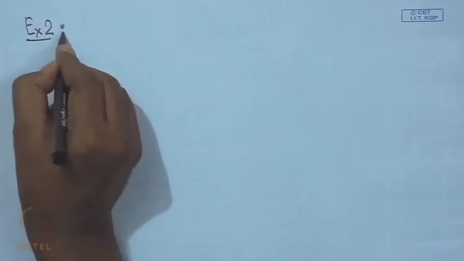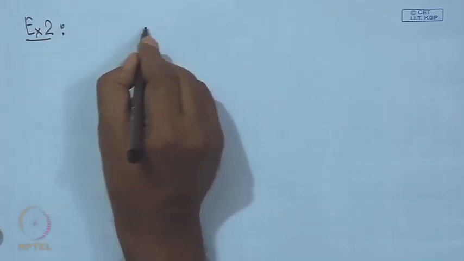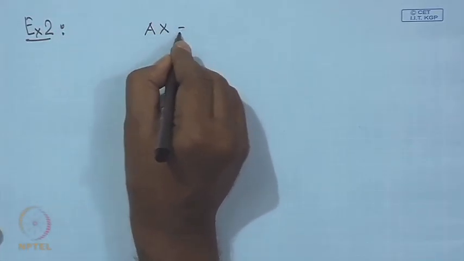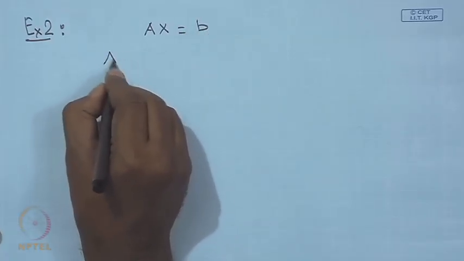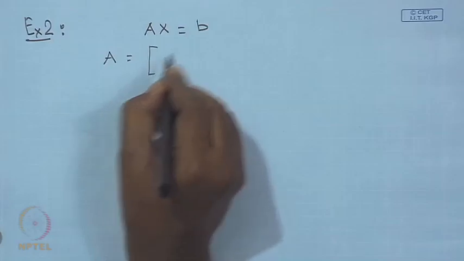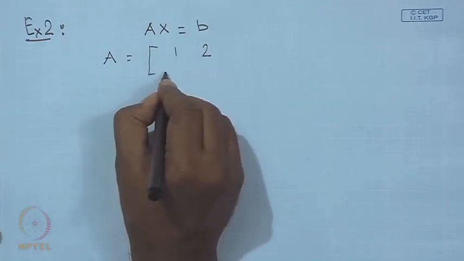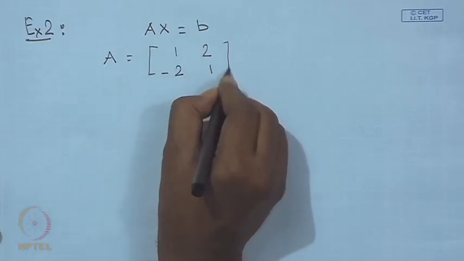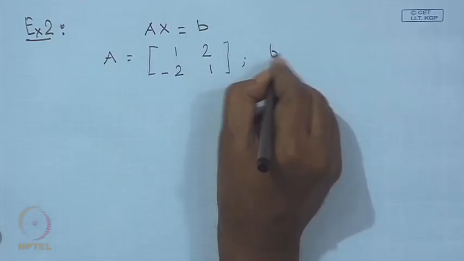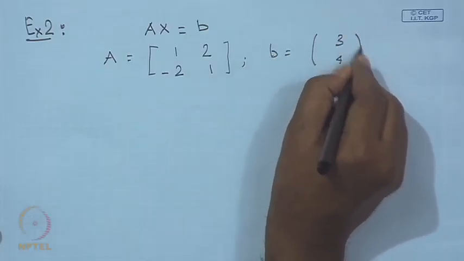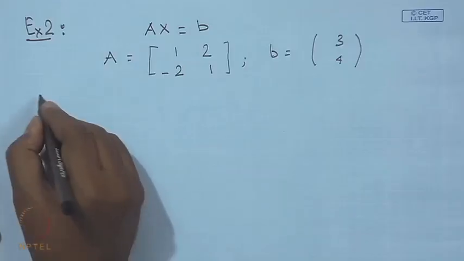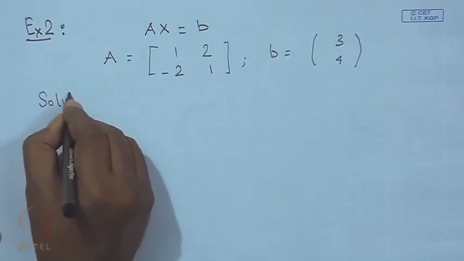So, the next problem is example 2, and we are going to solve this non-homogeneous set of algebraic equations A x is equal to b, where the matrix A is 1, 2, minus 2, 1, and the vector b is 3 and 4. So, let us look into the solution.